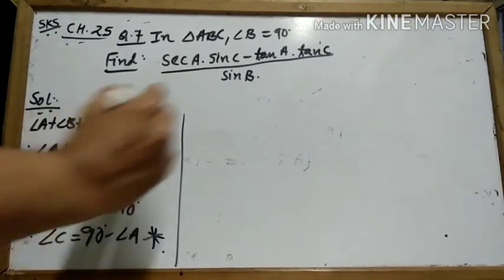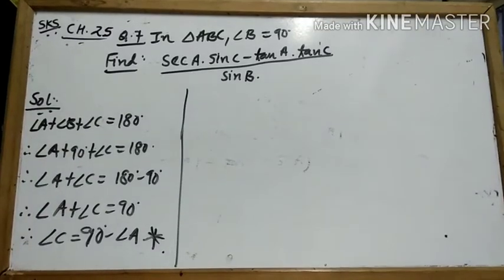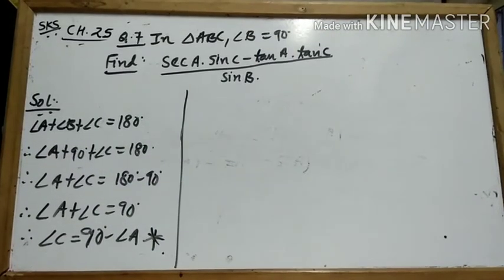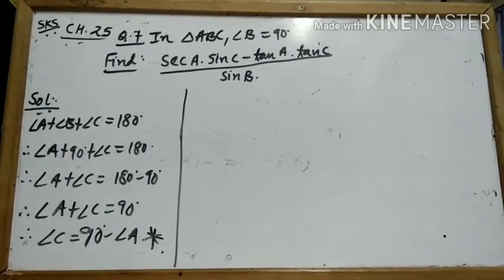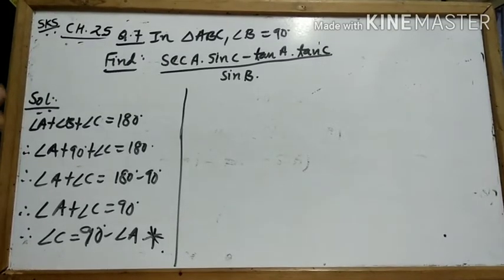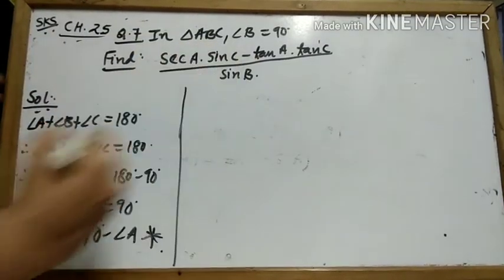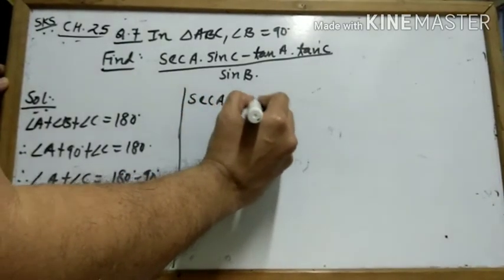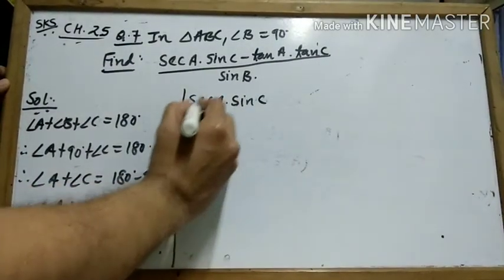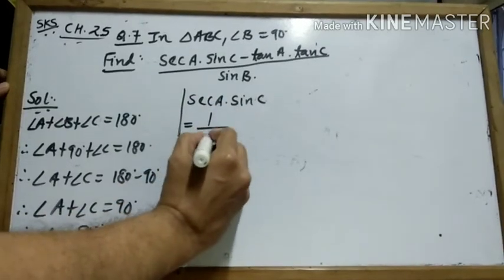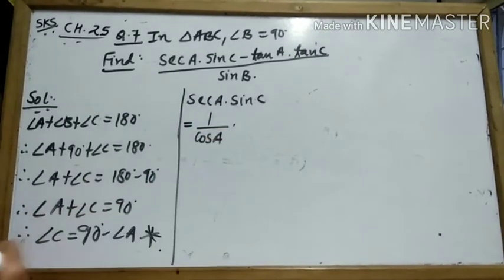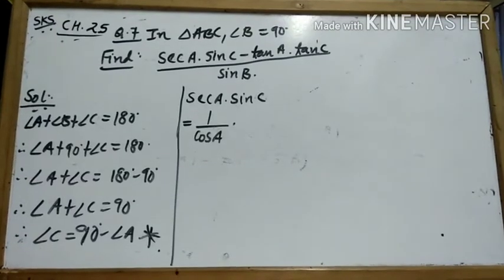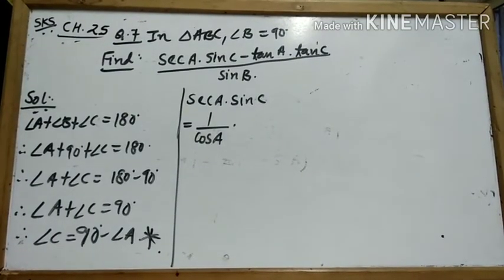Now, further going into the solution, there are quite a few things happening together. What I am going to do is break up the question into three parts. First part, I will look at sec A into sine C. Sec A can be written down as 1 upon cos A. I hope you recall the multiplicative inverse concept.